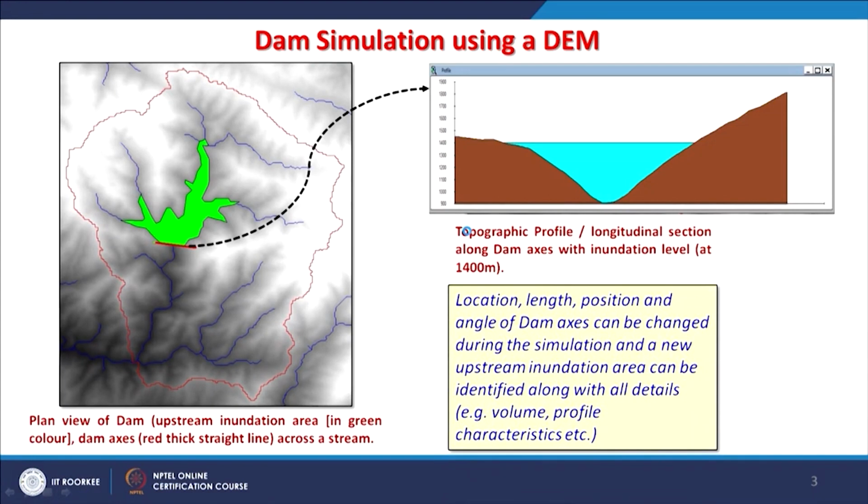You can also get a lot of other data sets like location, length, position and angle of the dam. These can also be changed. So, if my requirements are not getting fulfilled or I am overestimating or unnecessarily constructing a large reservoir, I can either reduce the height of the reservoir or can go upstream.